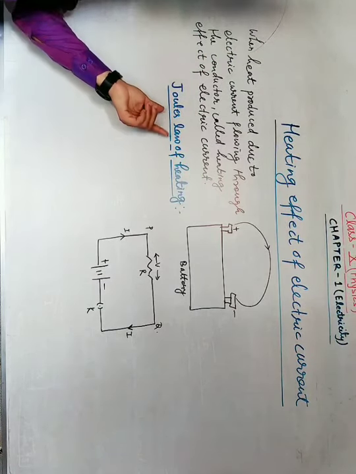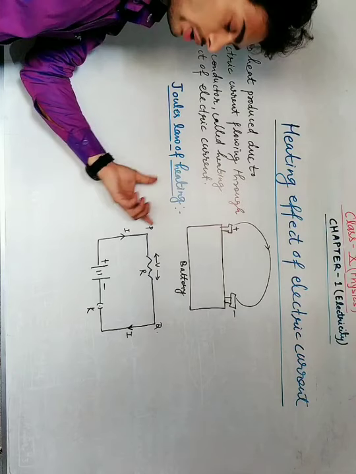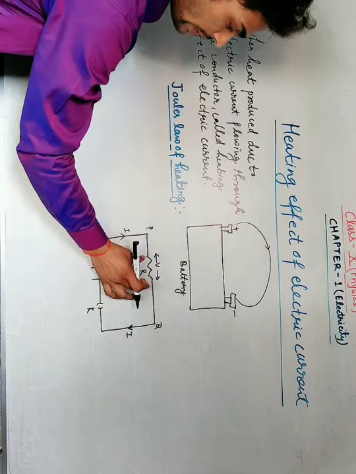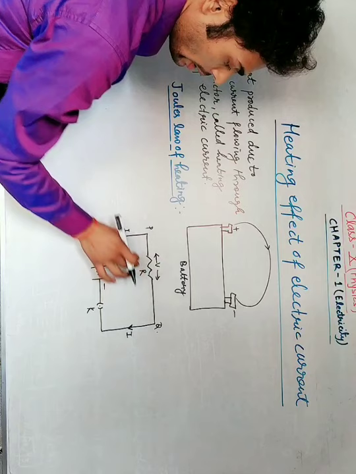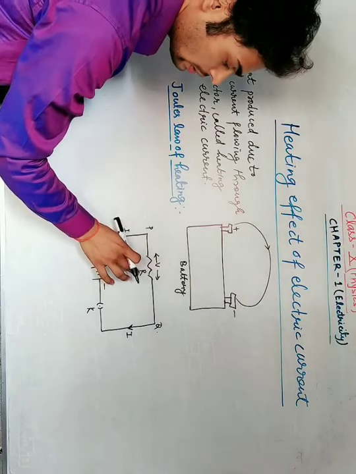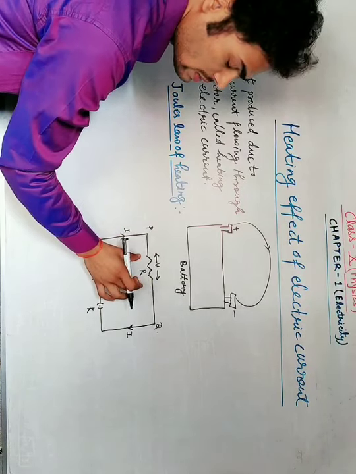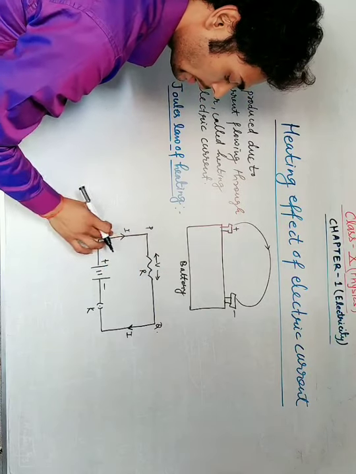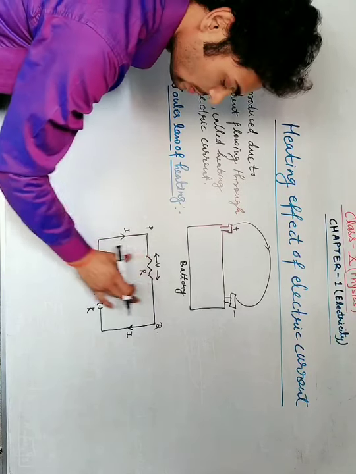And next topic here, Joule's law of heating effect. So we have a wire PQ and resistance R, and potential difference across resistor R is V, and current I flows through this resistor.